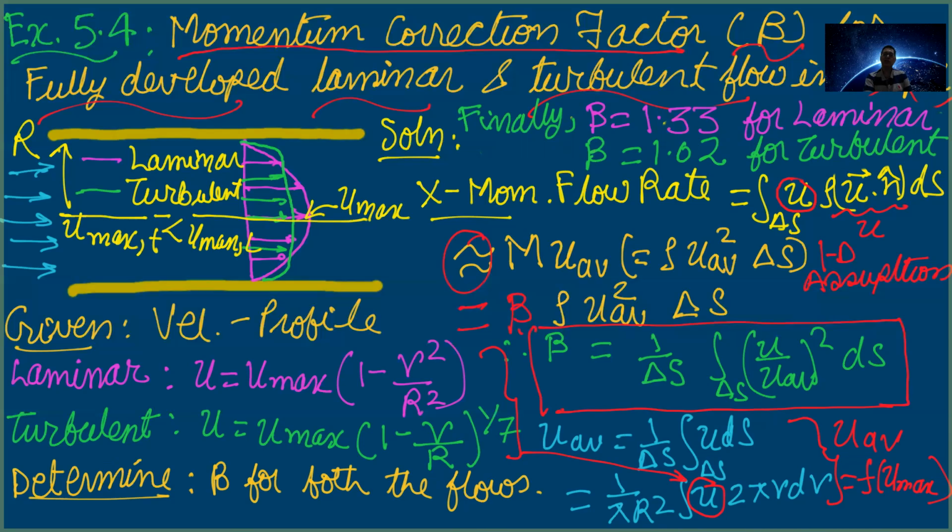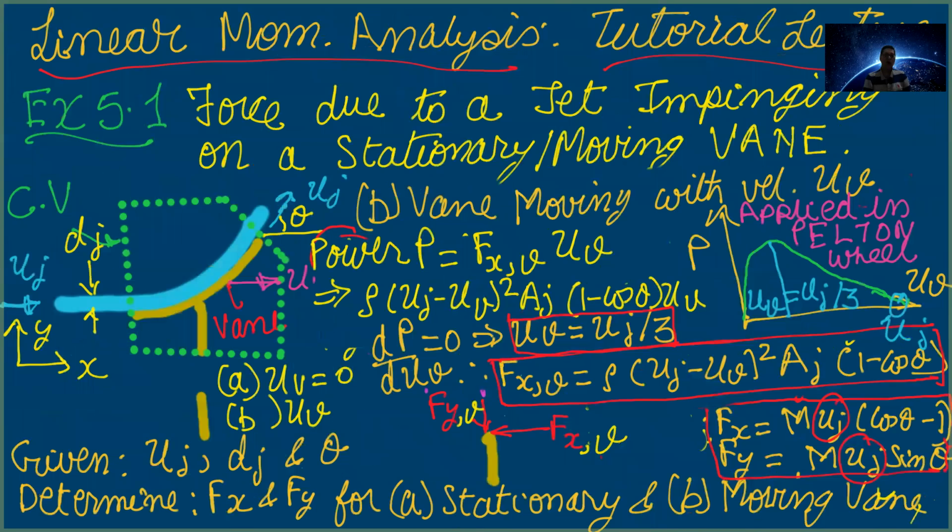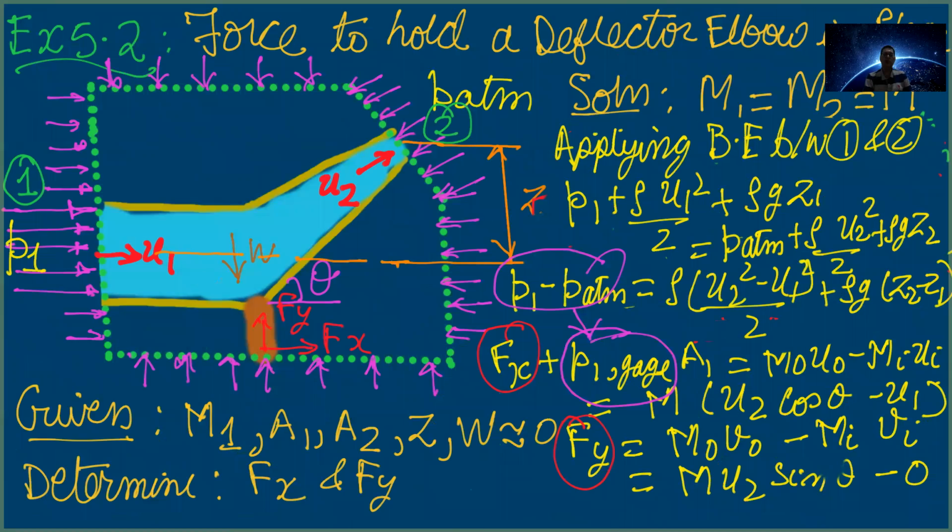Quick recap: in this problem we had a moving vane, and we learned how to handle the moving control volume, where we use the relative velocity not only in the mass flow rate but also for the velocity outside. For both the velocities, you use the relative velocity. I'm highlighting the key thing for each problem. In the second problem, the key thing is that you have to use the Bernoulli equation to calculate the pressure.